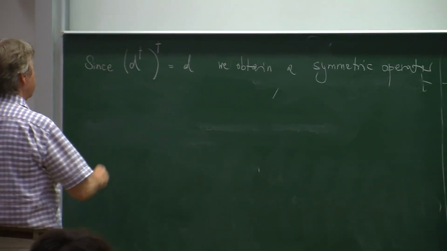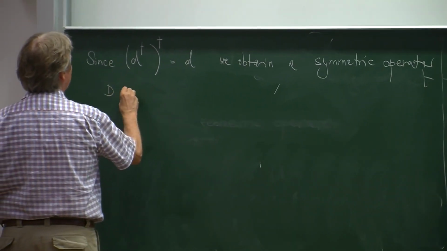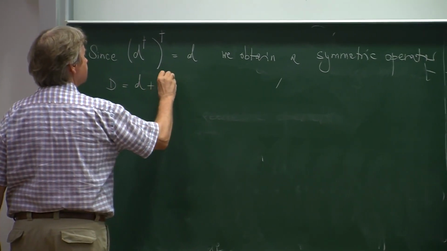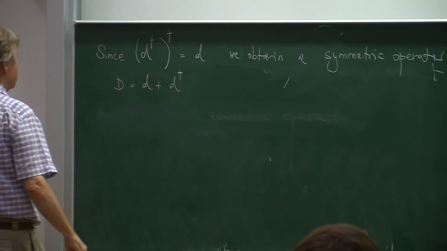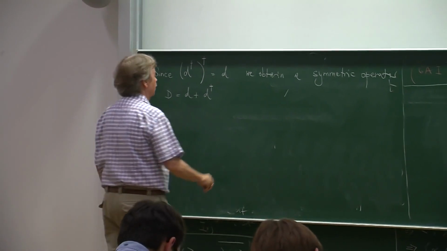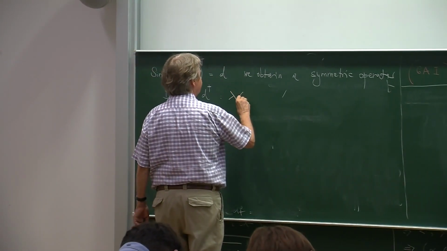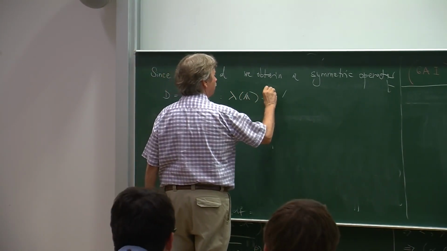The symmetric operator D equals d plus d transposed, which maps lambda m to itself.